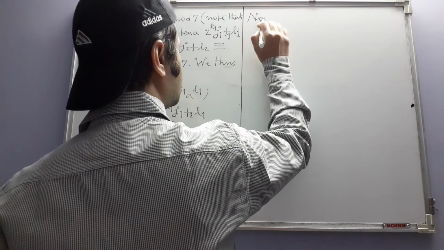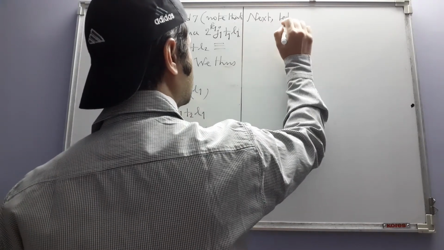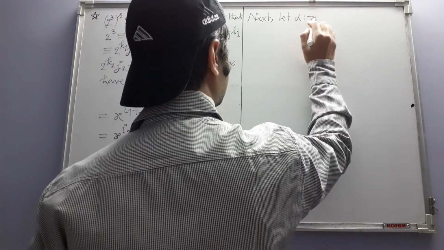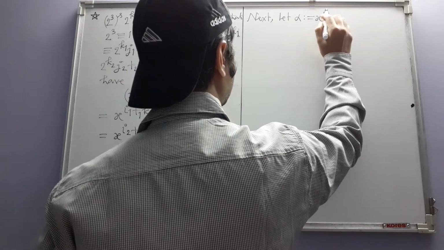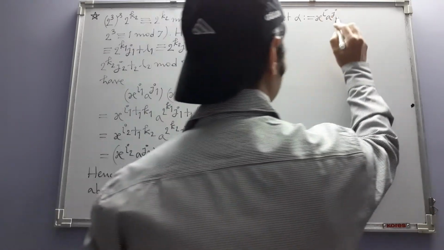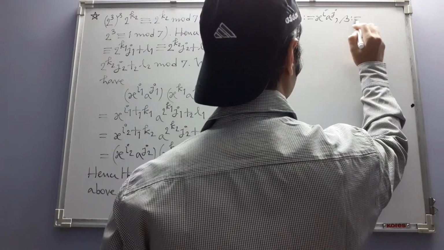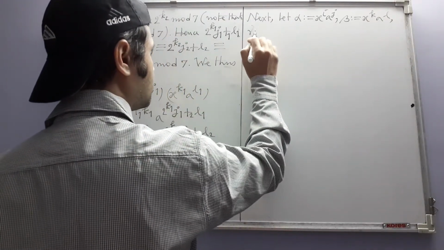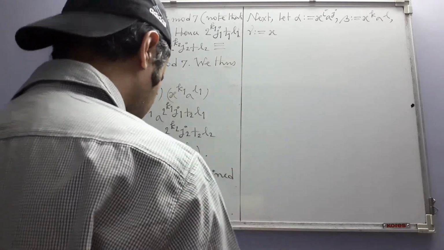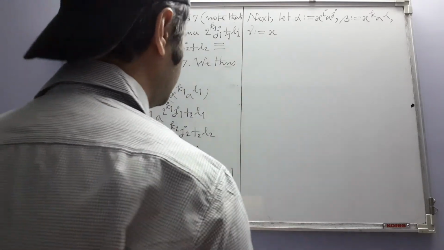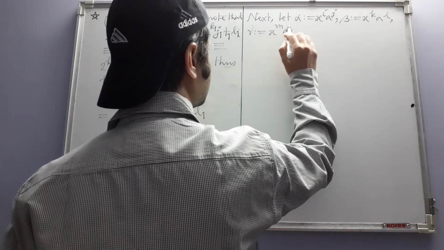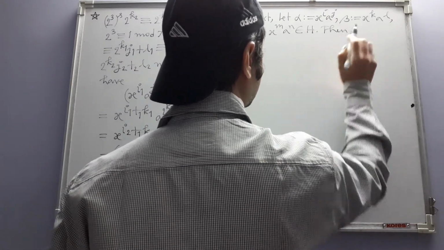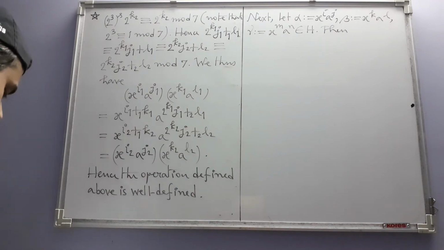Next, let alpha be the symbol x i a j, beta be the symbol x k a l, and gamma be the symbol x m a n in H. Then, let us now start our calculation.